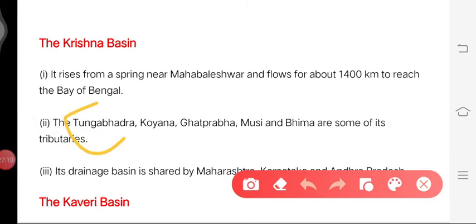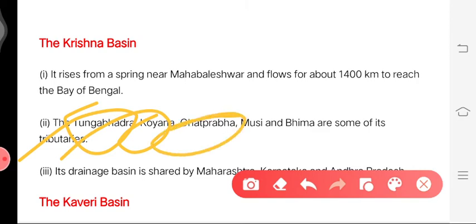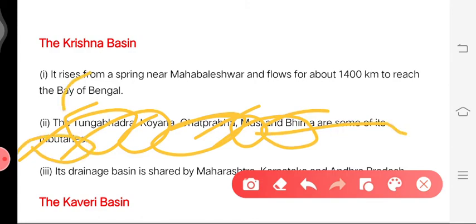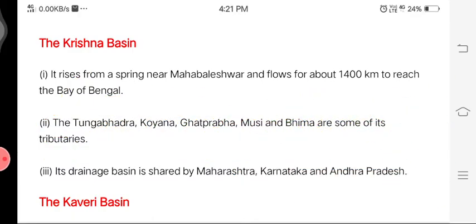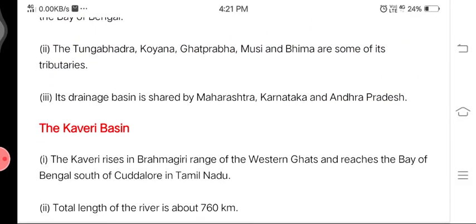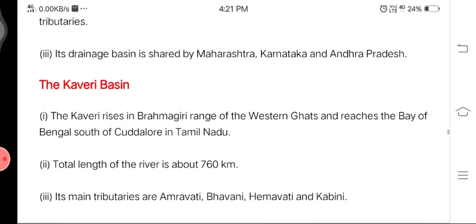The Tungabhadra, Koyna, Ghataprabha, Musi, and the Bhima are some of its tributaries. These are some main tributaries of the Krishna River. Its drainage basin is shared by Maharashtra, Karnataka, and Andhra Pradesh.